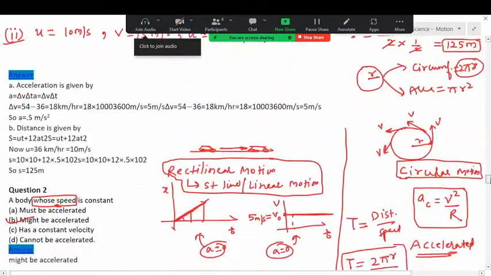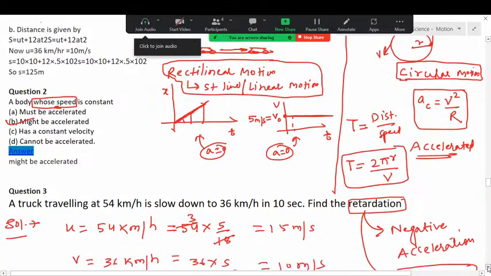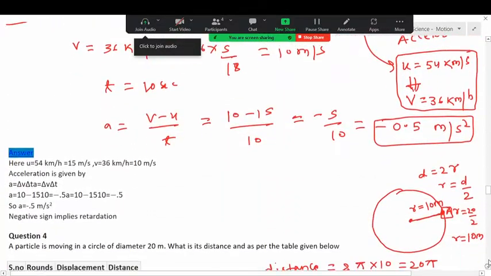Because we discussed this in the previous class. See here, rectilinear motion: this is the xt graph, the position time graph, and the velocity is uniform. It is uniform motion. And in the VT graph, the graph goes like this, which I have just presented here.